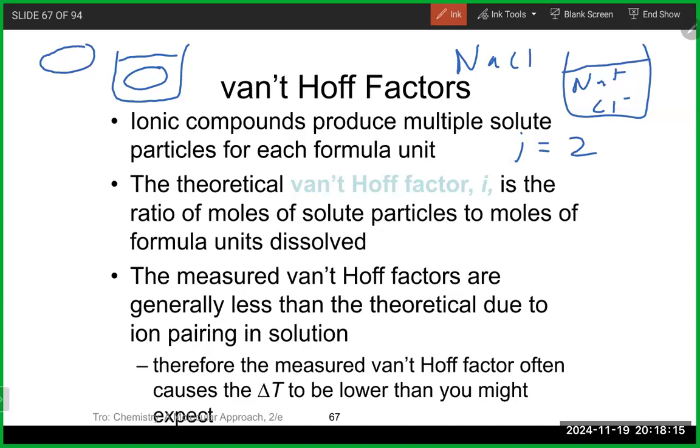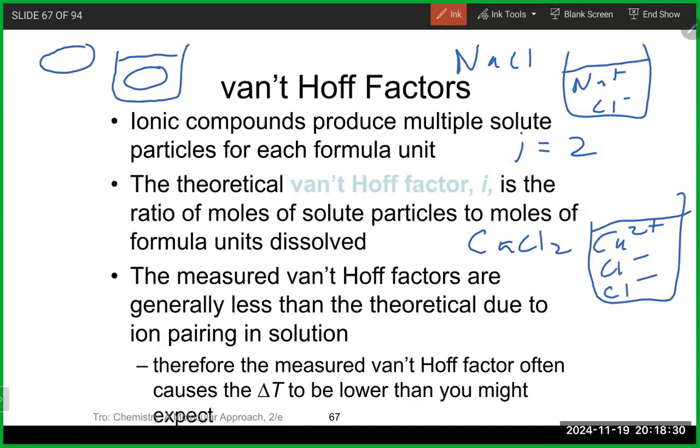Basically, you have a sodium ion and a chloride ion. That's 2 particles floating around in it. If you had calcium chloride and put that into a solution of water, you would get a calcium ion and 2 chloride ions floating around. The i for this would be 3.